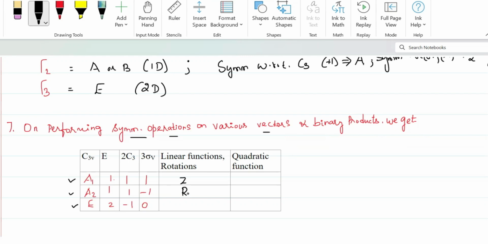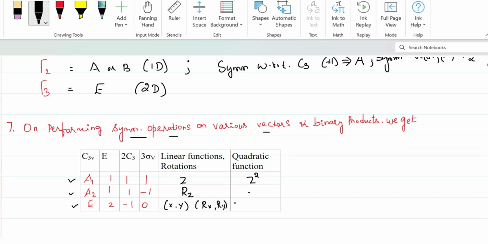Similarly, here we get the rotational vector along Z, then x, y. Then comes Rx, Ry. Then when we take the binary products or squares of the vectors, Z square we get over here.